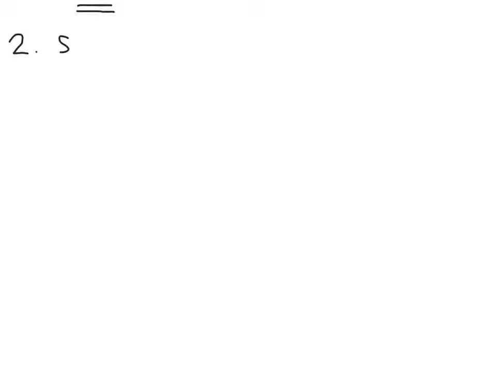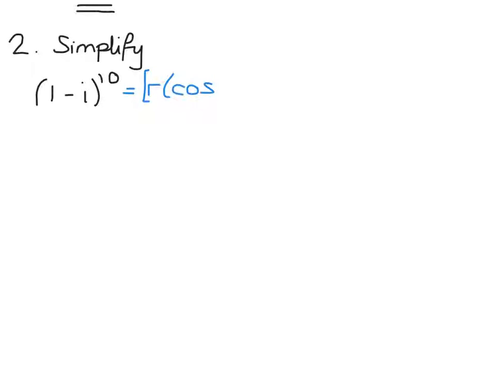We want to simplify (1 minus i) to the power of 10. We know that this can be written in the form of a polar complex number, r times (cos theta plus i sine theta) all to the power of 10. But we need to work out what r and theta are.